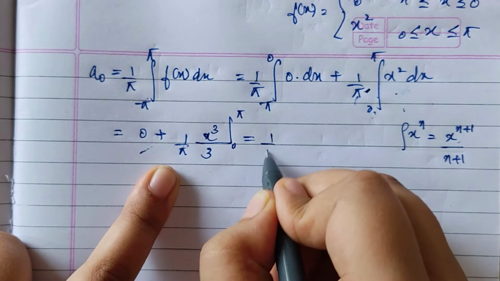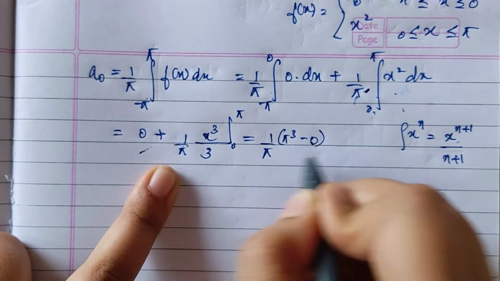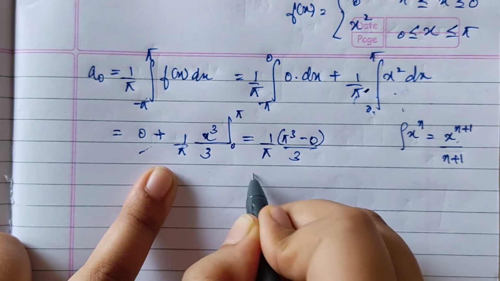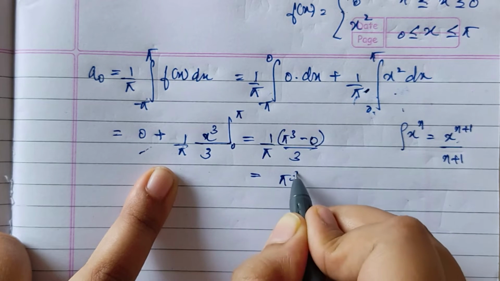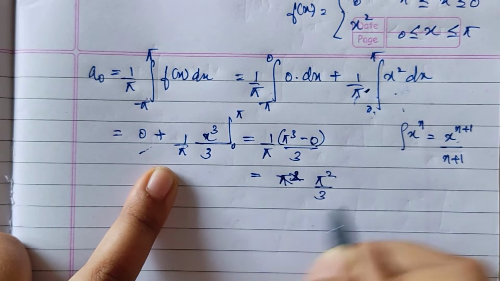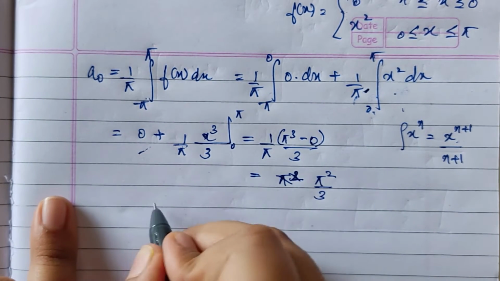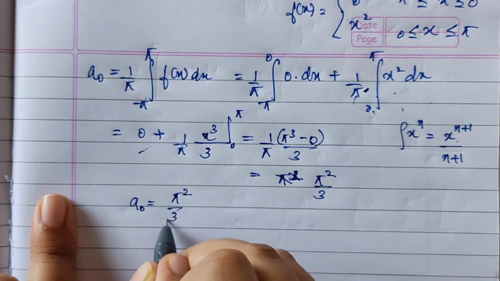When we substitute, we get pi cube minus 0 divided by 3, finally we get pi square by 3. That will be nothing but your a naught. So what does your a naught come out to be? It is pi square by 3.